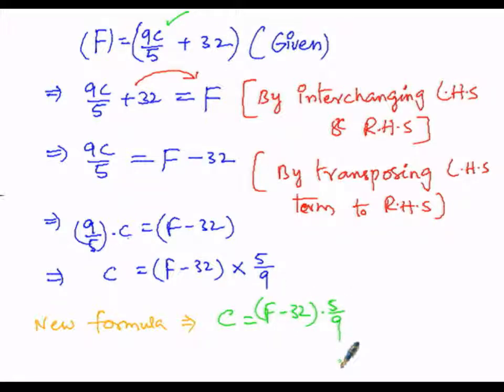Based upon this formula we can find out the value of C by substituting F as 212. So I got C is equals to 5 by 9 into F minus 32 as the new formula.